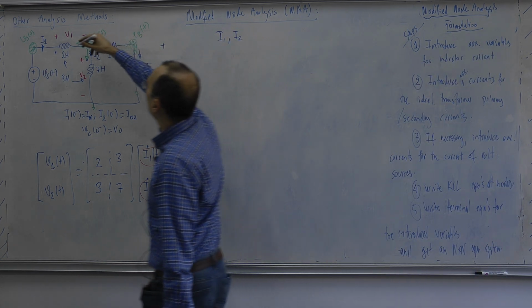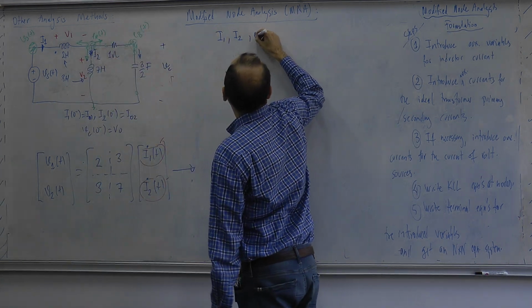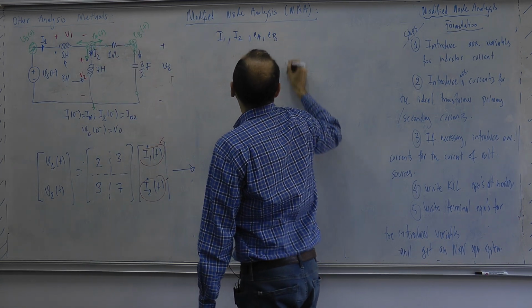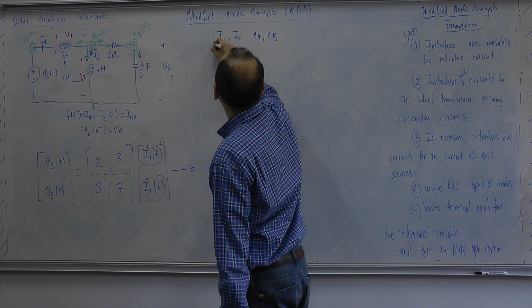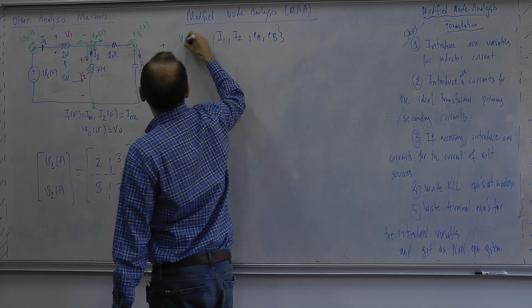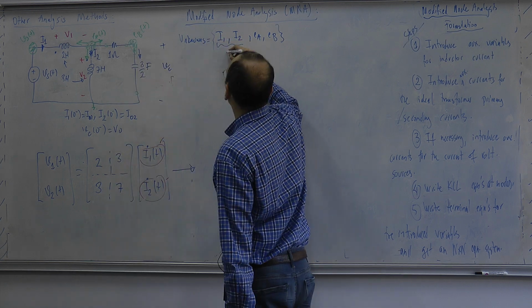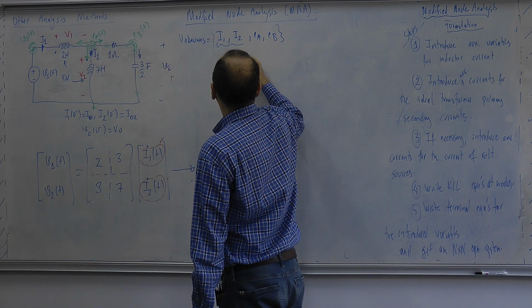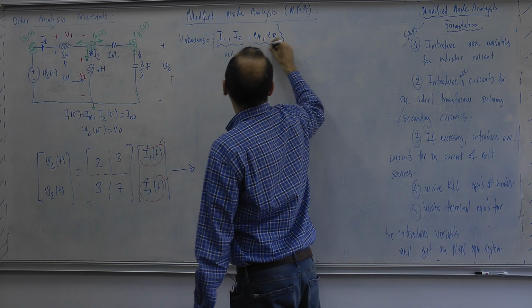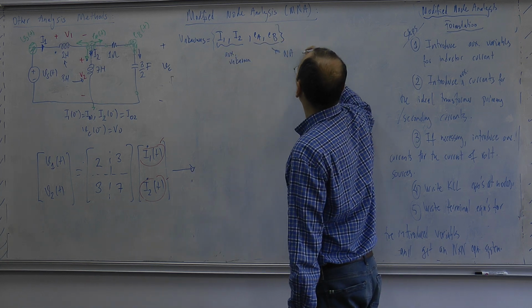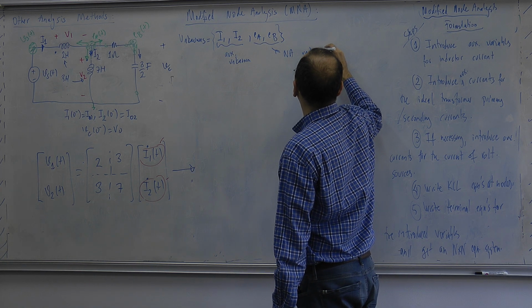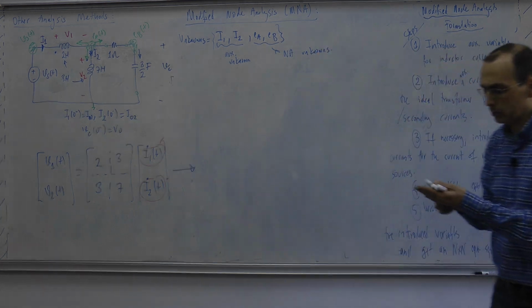Now, what are my node voltages? Like you see, I have EA, EB, so my unknowns are this. These are my unknowns. So these are auxiliary unknowns. And these are node analysis unknowns. I think we are clear on this.